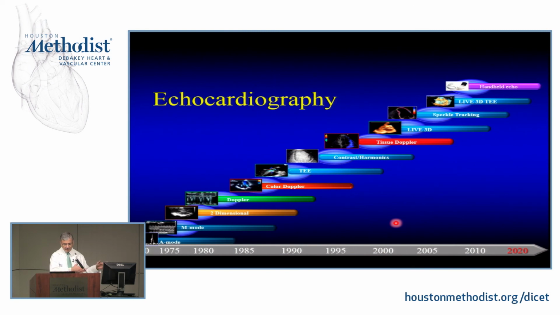Now the beauty of this is A mode 1950, you could see it there. And then M mode, and then 2D, and then Doppler, then color Doppler, transesophageal, contrast, harmonics, tissue Doppler, live 3D, speckle tracking, live 3D TEE, and miniaturization, because among all the imaging modalities, it's the one that can be miniaturized to be put in your pocket.